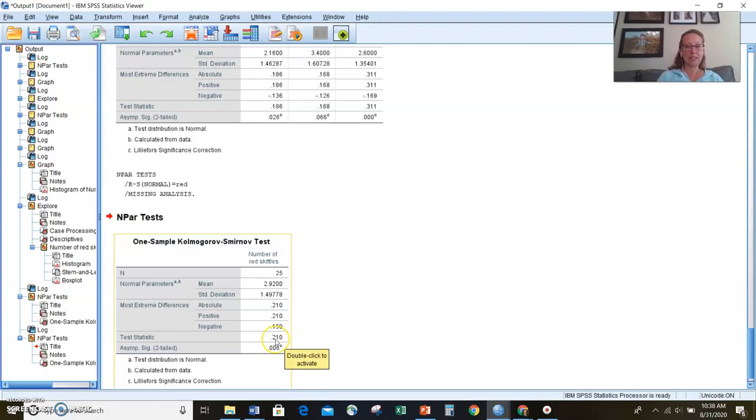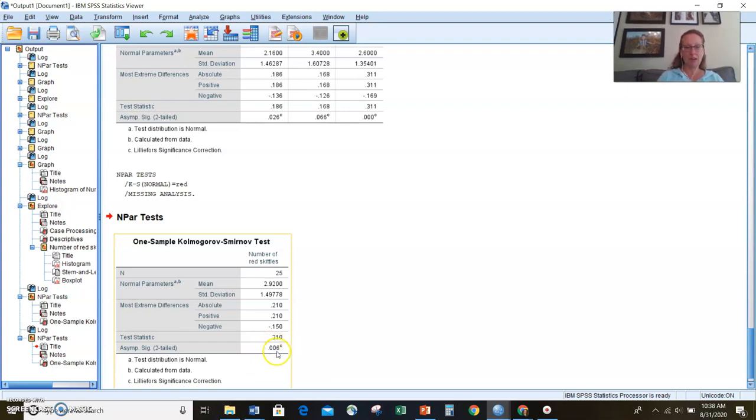Now, this test statistic, the bigger it is, the smaller the significance value will be. We've just started talking about significance value. Remember, it's a measure of probability or likelihood. And we want that significance value to be small. That means something's going on that we're interested in. It probably didn't happen by chance. It's something that tends to stand out.